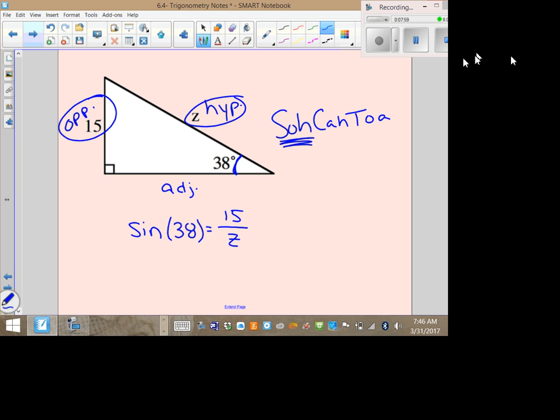Now note here, if I multiply by z, it cancels out on that side, but then I still have z sine of 38 equals 15. So then, from there, I have to divide by the sine of 38 on both sides. So it cancels out there.